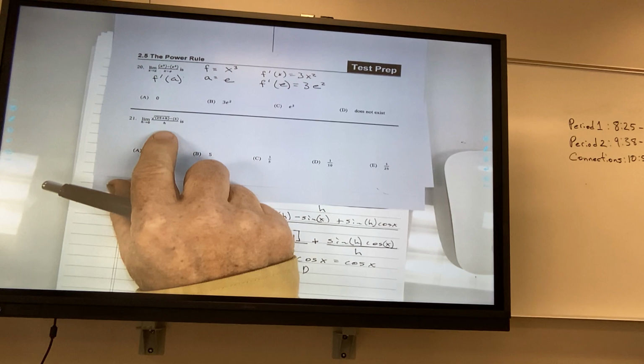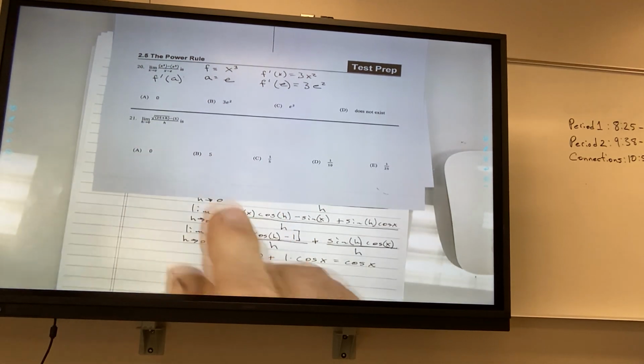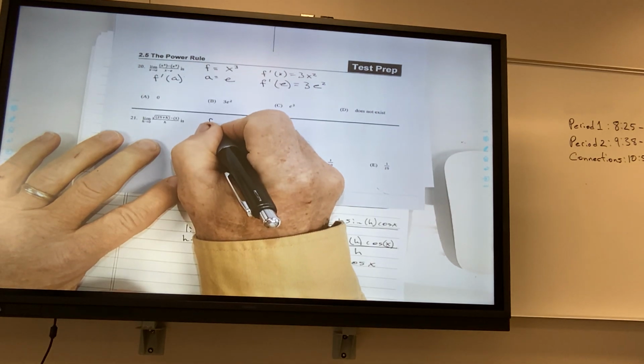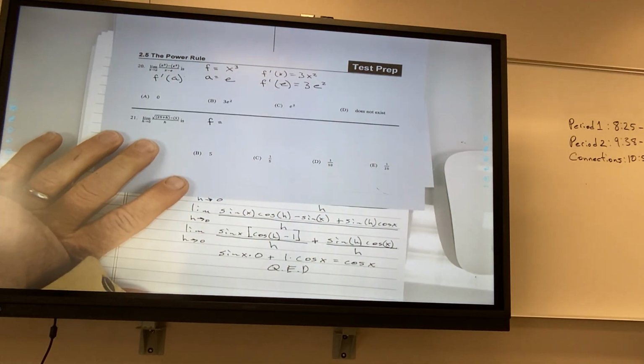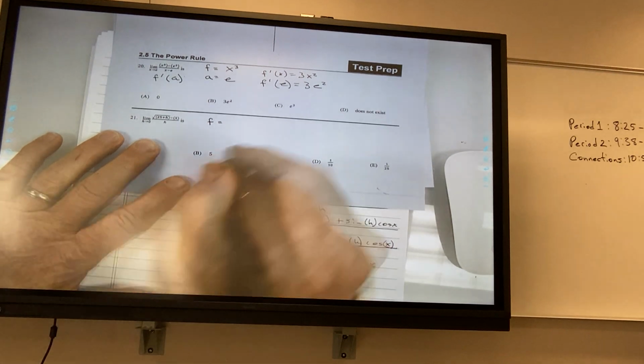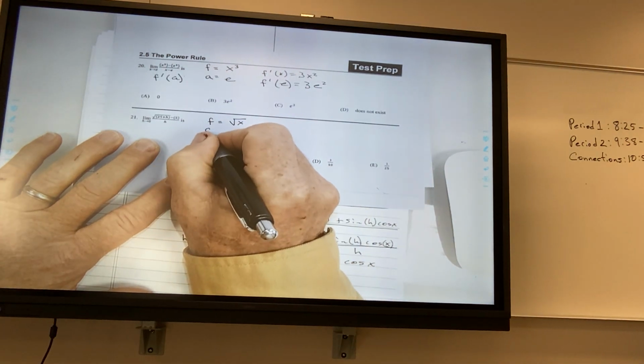Now this is the other form I showed you, correct? Do you know what F is? Yeah. Square root of x. The square root of x. Perfect. Do you know what A is?